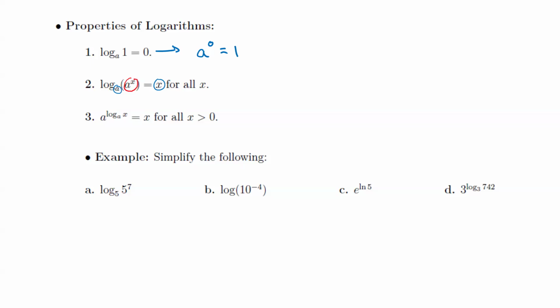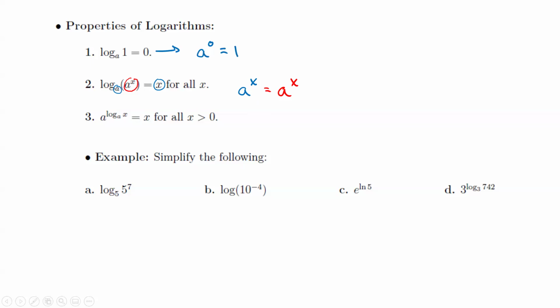And I'm going to rewrite this in exponential form. So the base of the logarithm becomes the base of the exponent. This blue x goes there, and that's going to be equal to whatever's inside the logarithm. But of course, that is a to the x, which makes perfect sense.